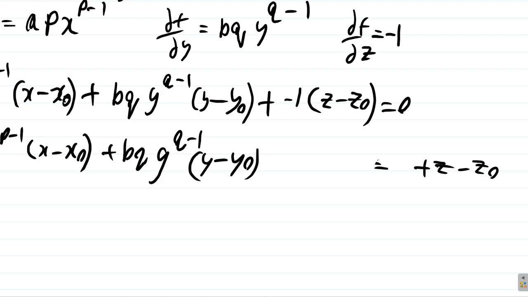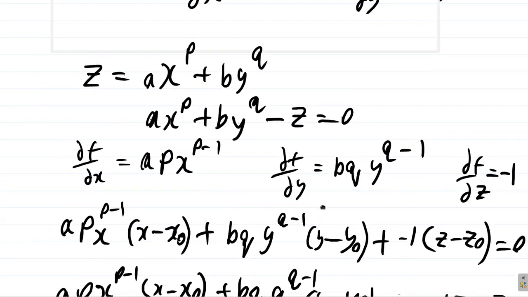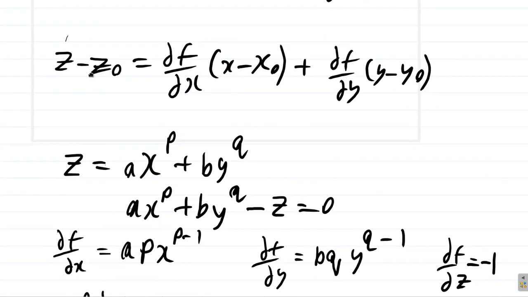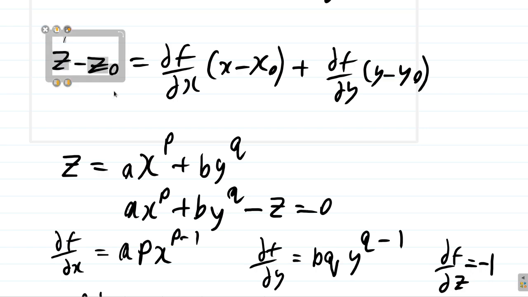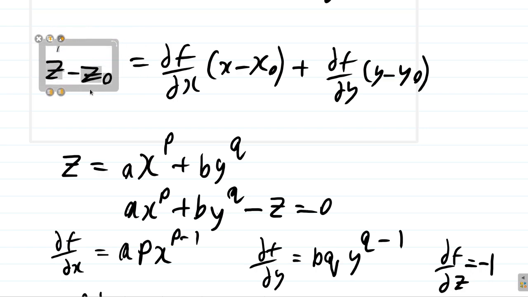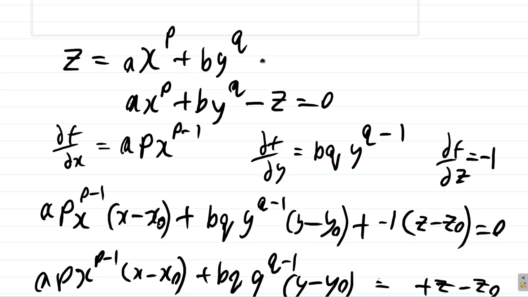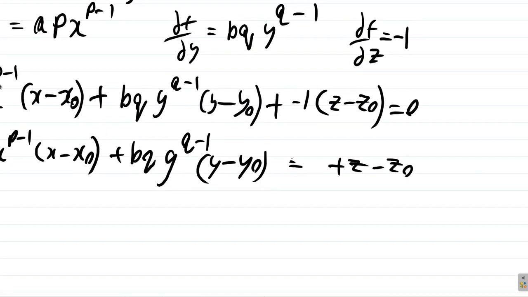So let's redo this thing. So you have equal z minus z naught. If you should put this on the right, it would look exactly the same. Alright, let's not interfere with that. If you should put this on the left, let's put this on the left then.